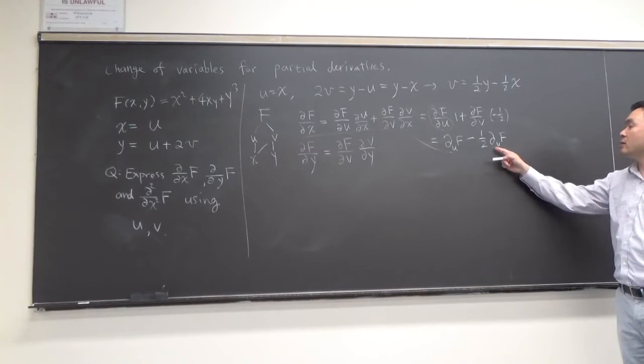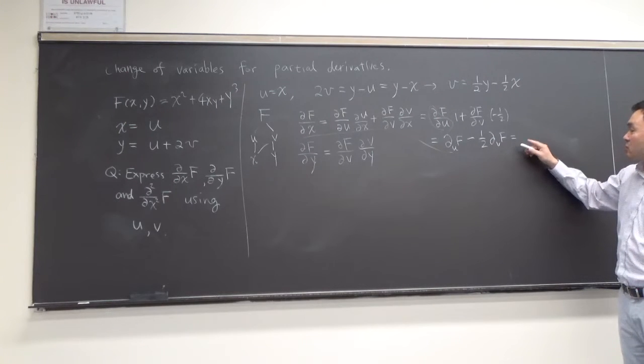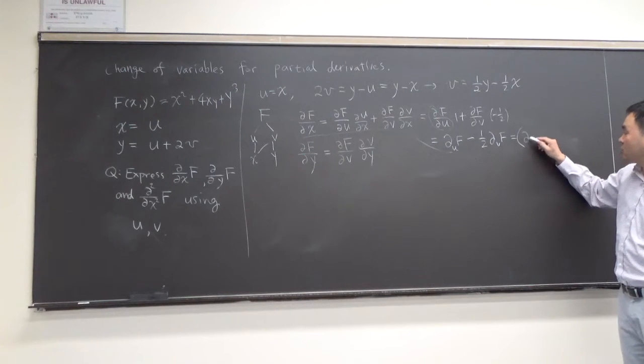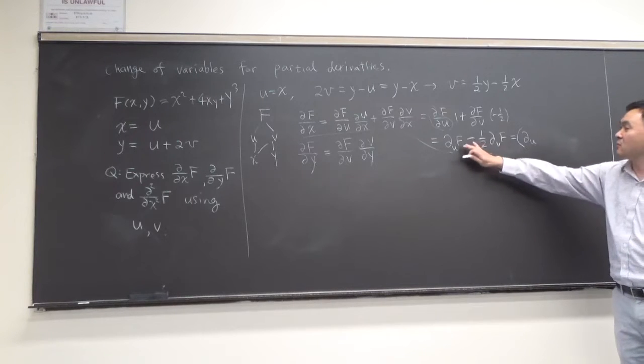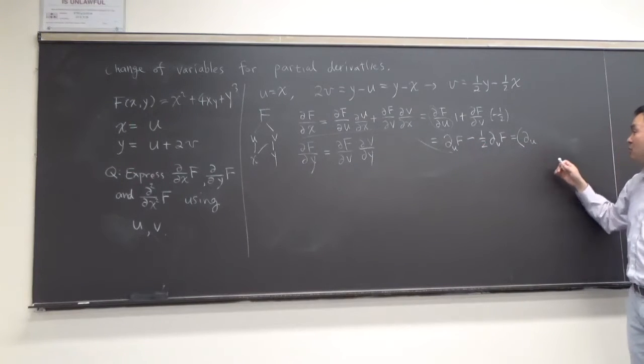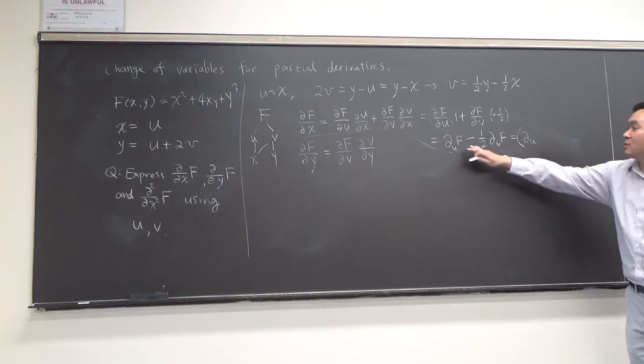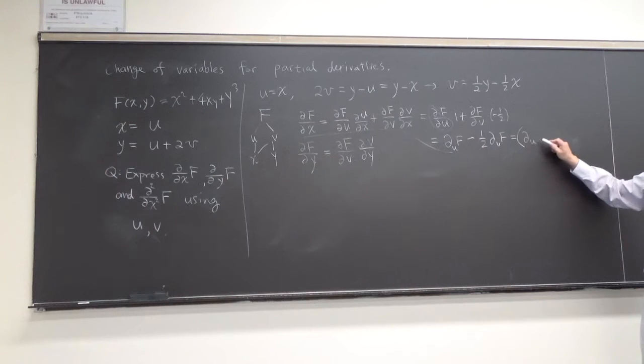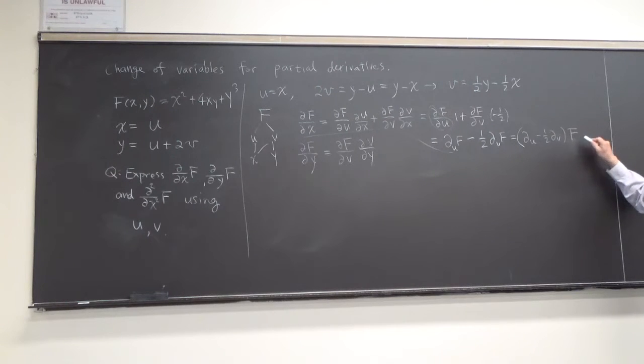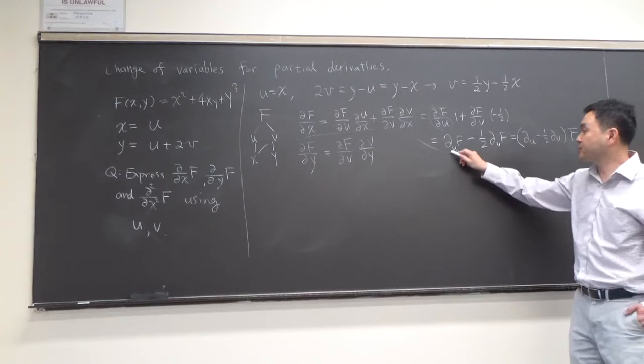And then we can further rewrite this in the operator notation, where you factor out the f outside. So you're thinking of this one as partial u minus 1/2 partial v applied to f. That's how you think about this.